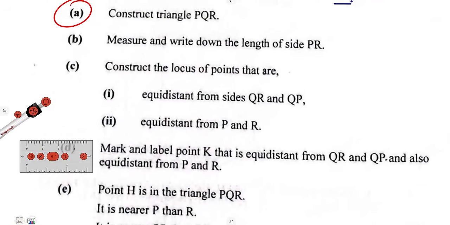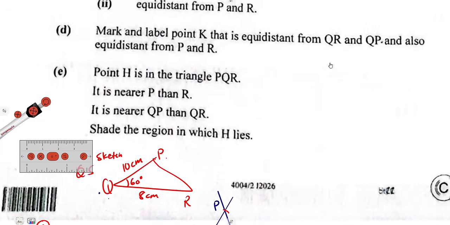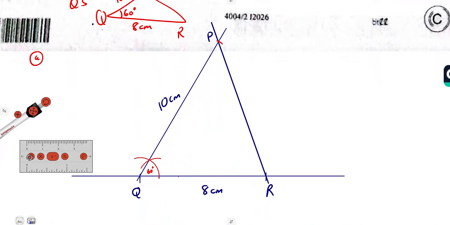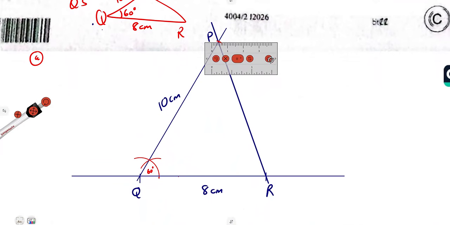Then from there, you're being asked on B to measure that length, which is the length of PR. PR is this one. So you're simply going to need a ruler and measure that.